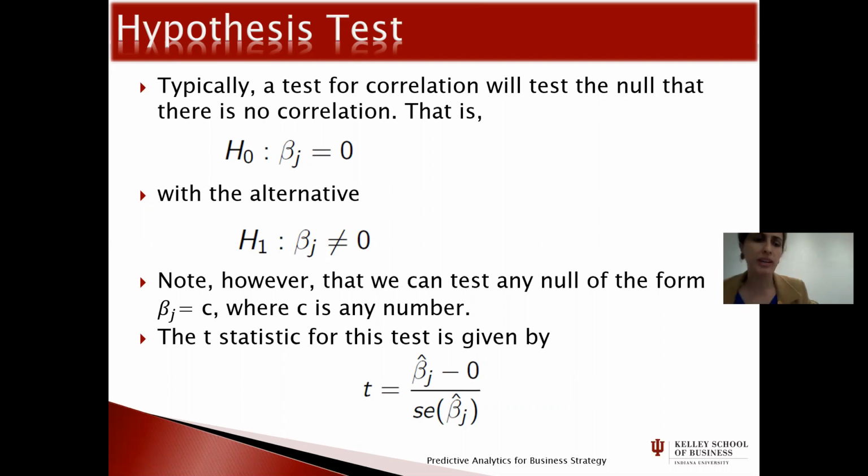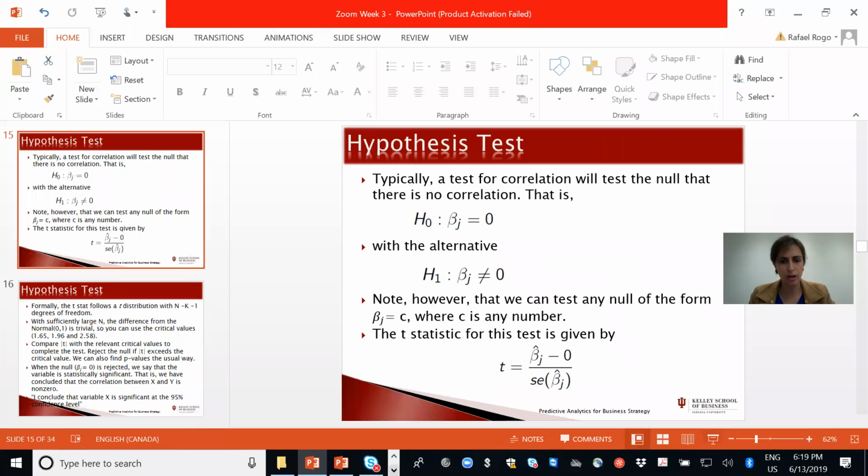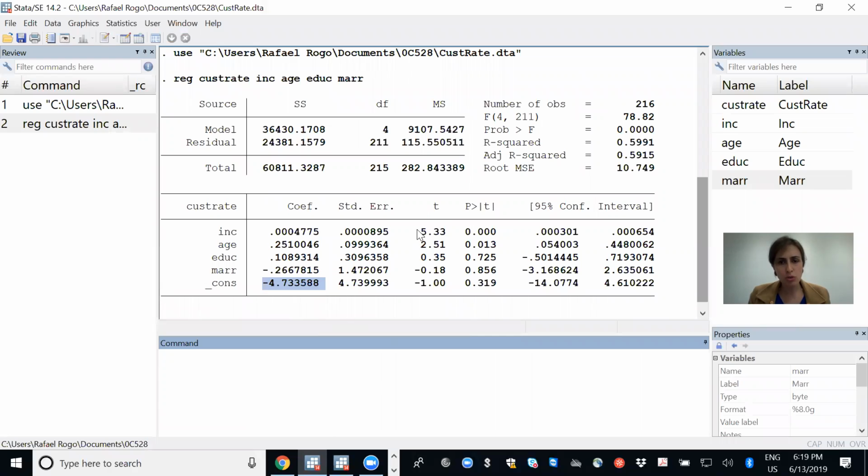So let's see where we can find all this information in the output that I just gave to you. Going back to the regression, let me show this one more time. This information is in the third column. Here you have the calculation of your t-stats. They are ready for you, and all that does is divide. They test the hypothesis that each of the parameters is different from 0.